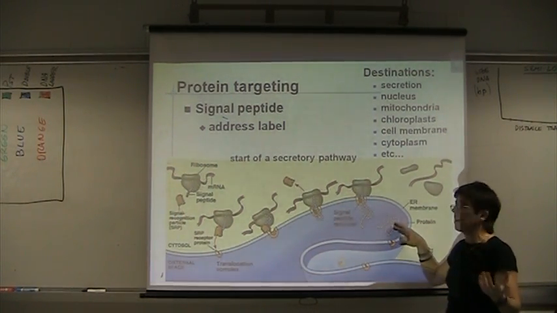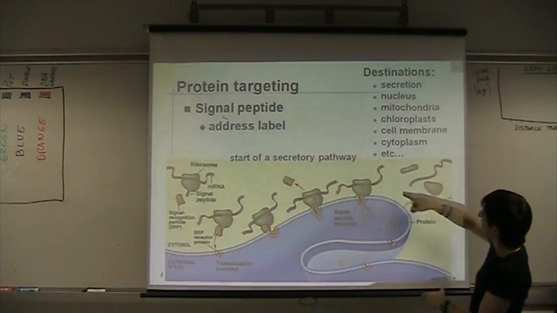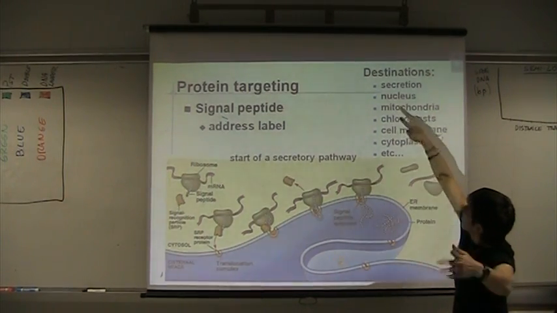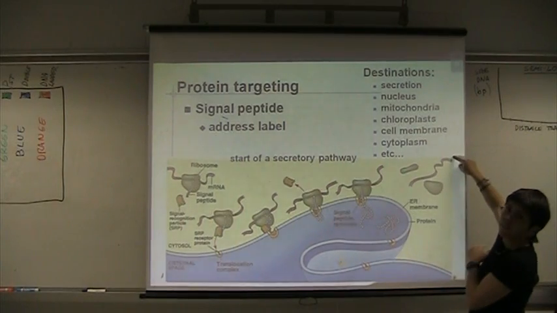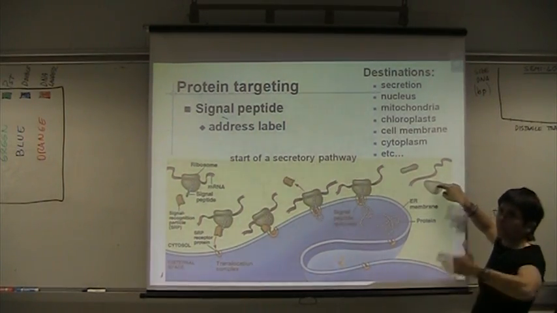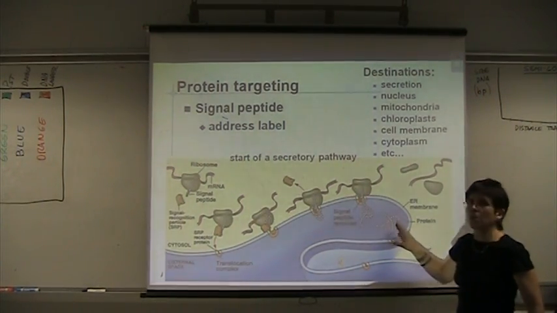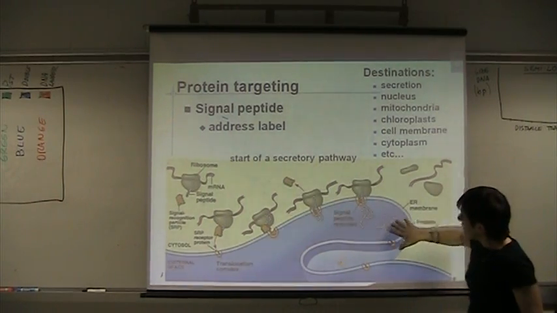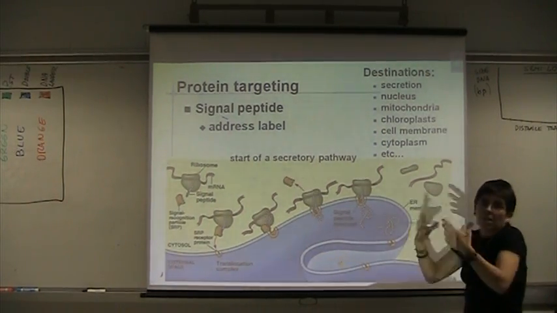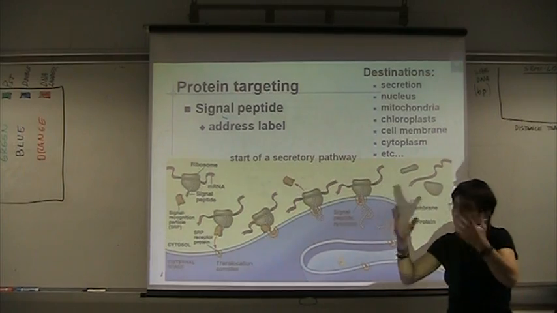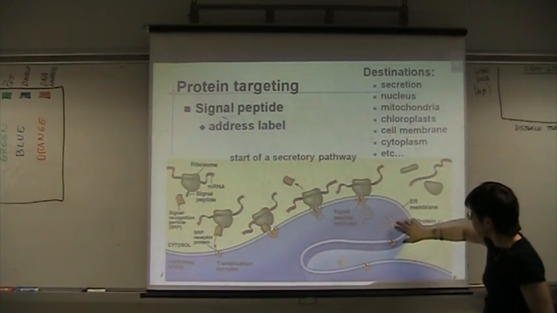And what happens when it's done? Same thing that happens to everybody. Small subunit goes one way, messenger RNA goes another, large subunit another, and there is your protein inside the endoplasmic reticulum that is going to go later to the Golgi and somewhere else.